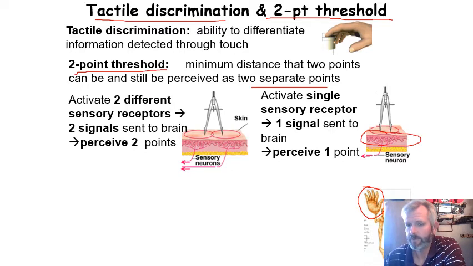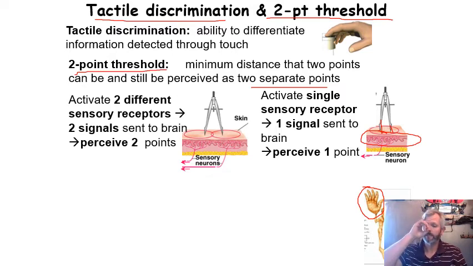If we were in lab, you would have calipers, and you would have the person close their eyes, and you would touch their skin with it, and at a certain point they would tell you when they could only feel it as 1 point. You can imagine that in regions with low density of receptors, where the receptive field has to be big for each receptor, this is only eliciting a response from 1 neuron.